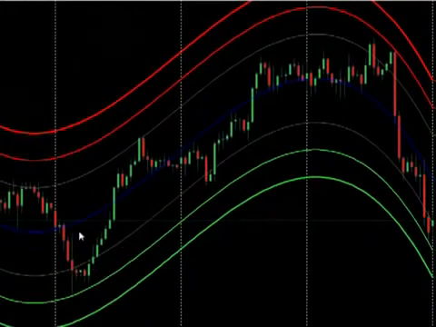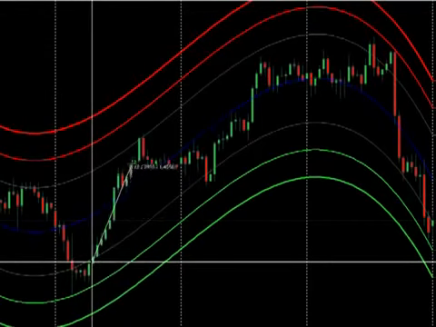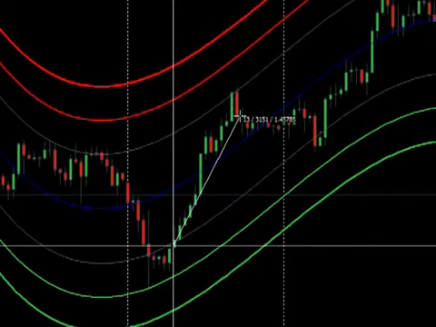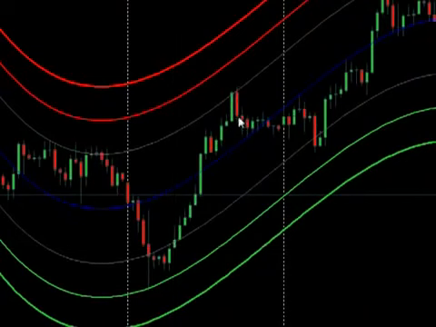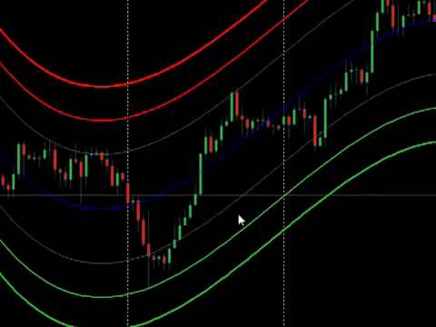And the same with over here as well. You would have got in here, trailed it all the way up, and then it turned around here. You got around 315 pips out of this trade if you would have kept moving your stop in behind the close of these candles all the way up.